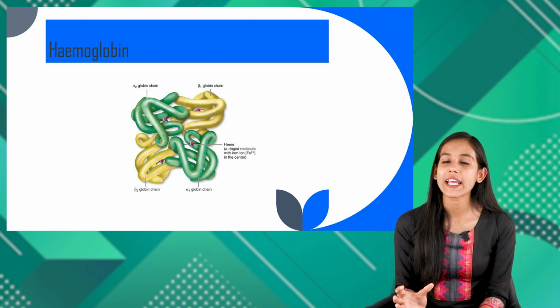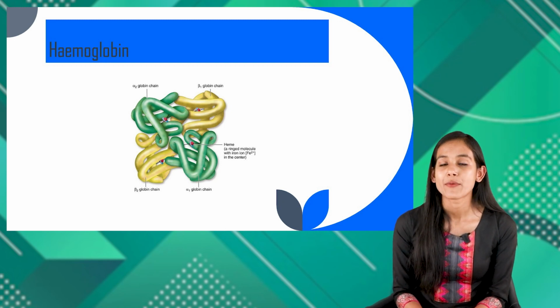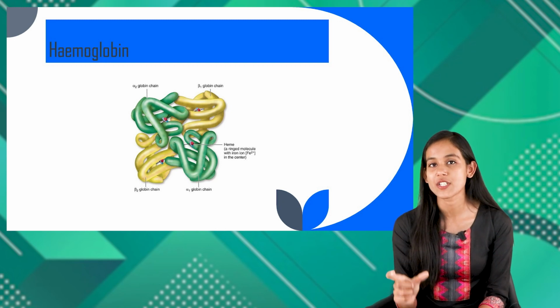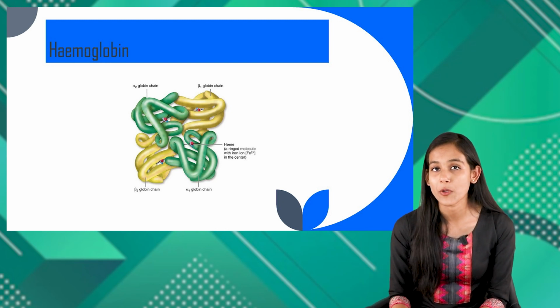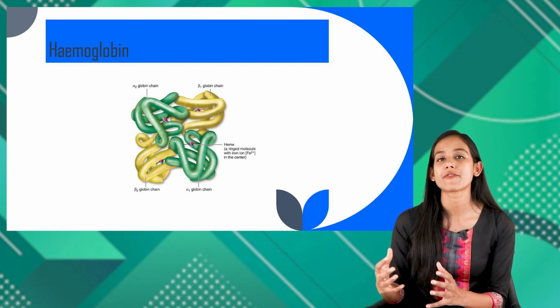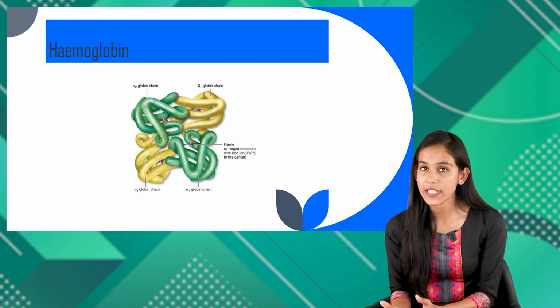So hemoglobin A is the normal hemoglobin which carries oxygen. But here we have hemoglobin S, which is the abnormal hemoglobin, and it does not carry oxygen. So this is what we are referring to as abnormal hemoglobin.